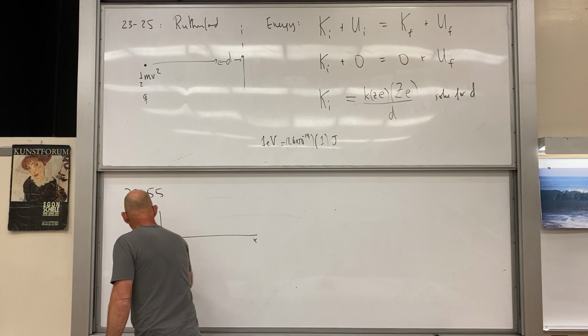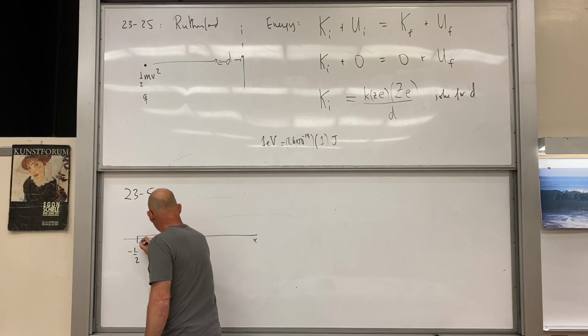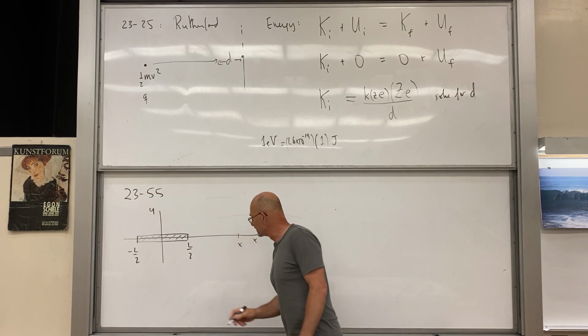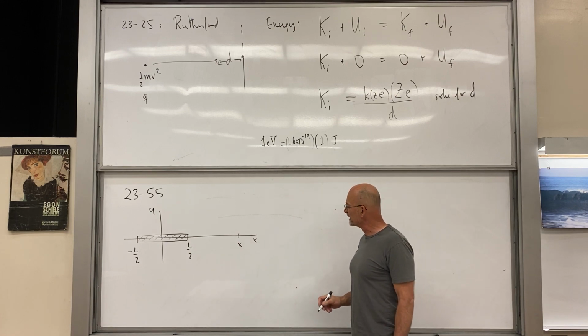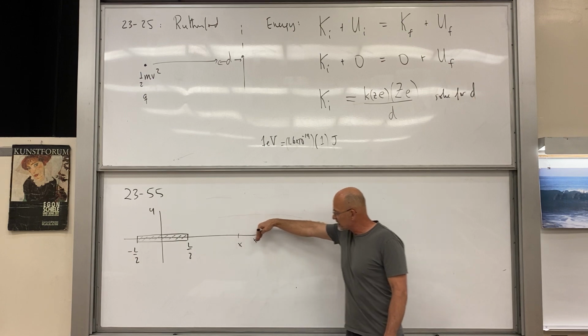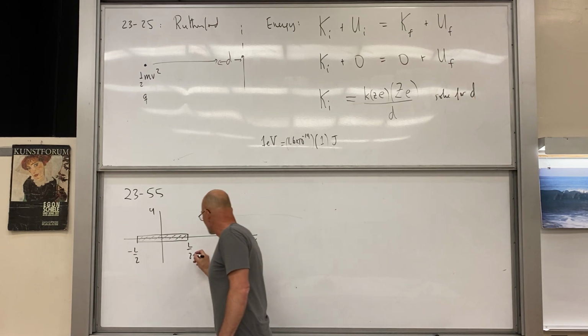From minus L over 2 to plus L over 2, we have a linear charge distribution. And out here at some point x, we want to know what the potential is. And then we want the case when x goes out to infinity, or when x is much larger than L.